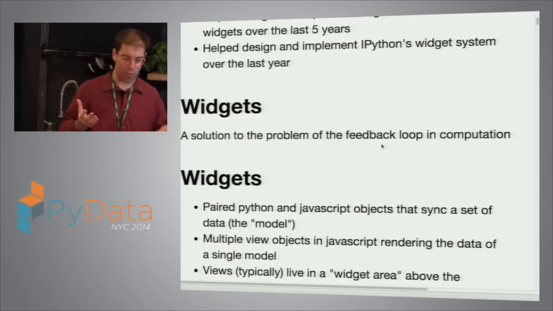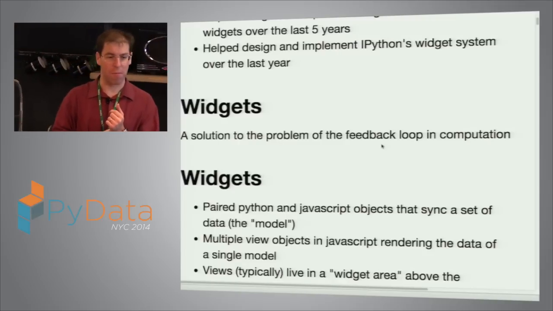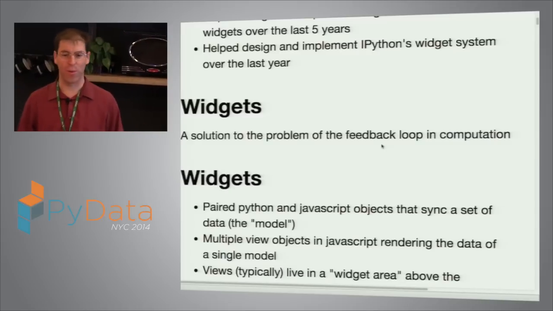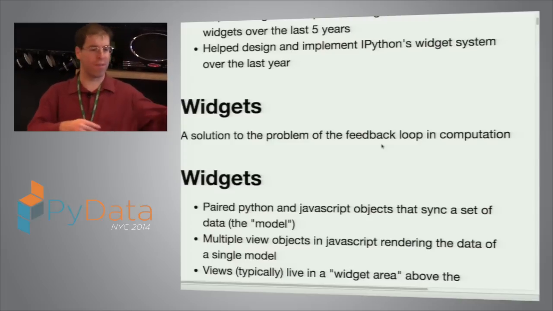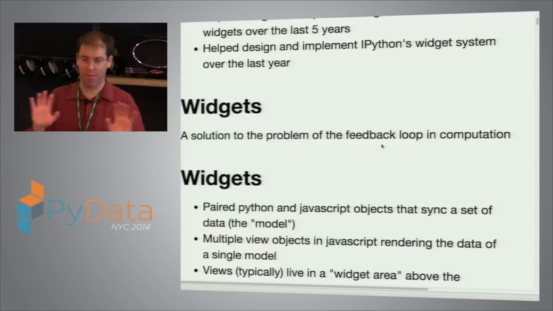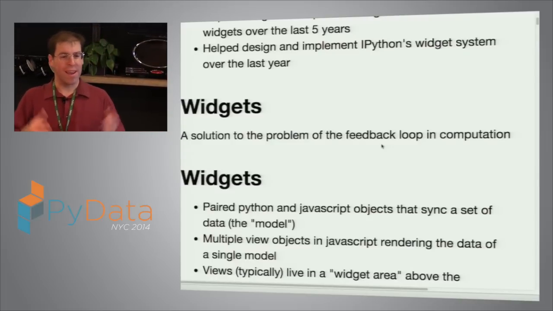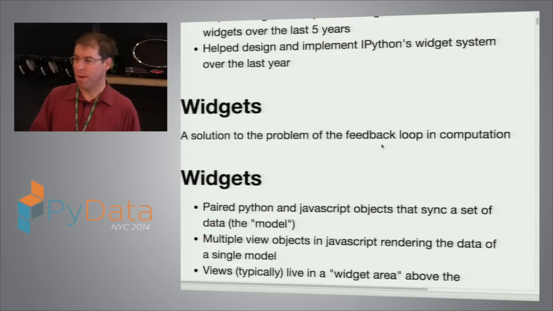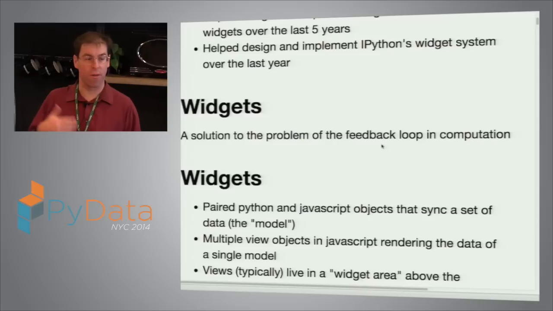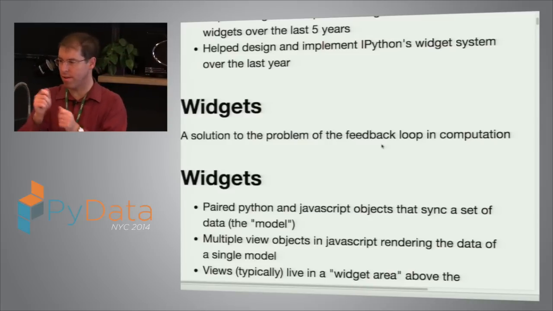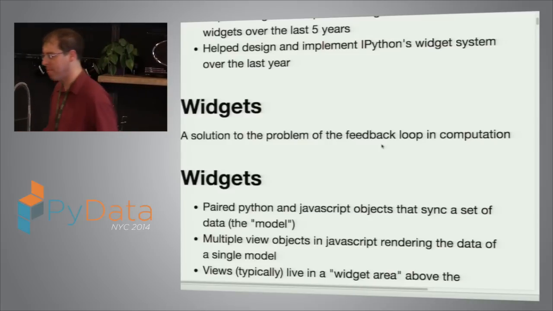The other reason we like widgets is because sometimes people don't like to program, right? We're doing a system and we're trying to show it to our boss or the salesperson or whoever. No offense to salespeople, but it's really nice for an end user to be able to adjust parameters in a computation by just dragging a slider versus going up to code and figuring out where the number is and editing the code and rerunning a computation.